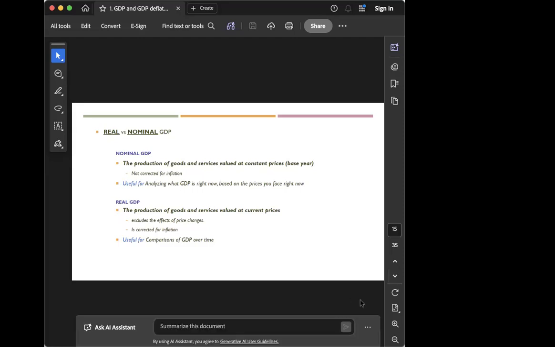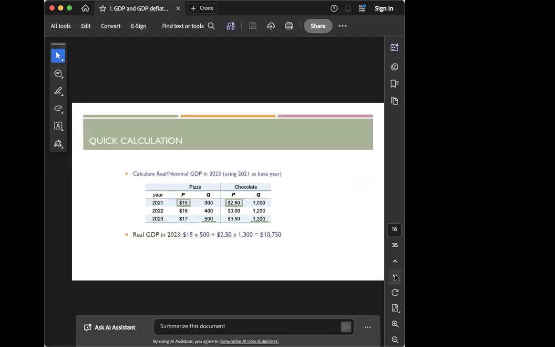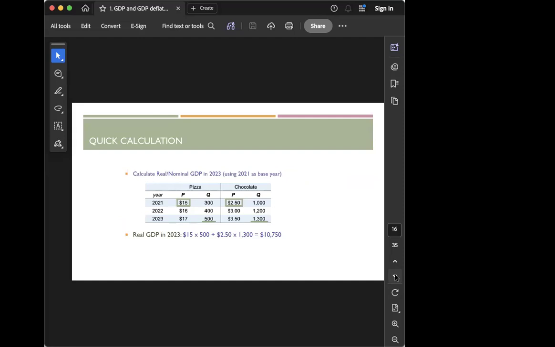So I brought a quick calculation. I have this table, and we're going to calculate real and nominal GDP in 2023 using 2021 as the base year. For real GDP we use base year prices, right? Since we have 2021 as the base year, we're going to use 2021 prices. I just boxed them over here.